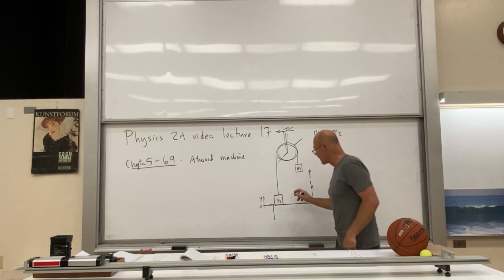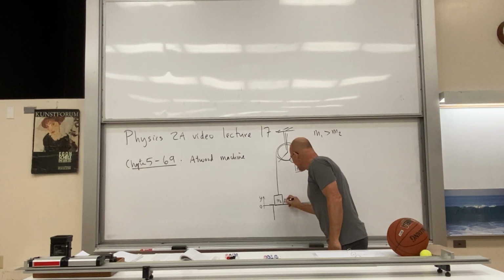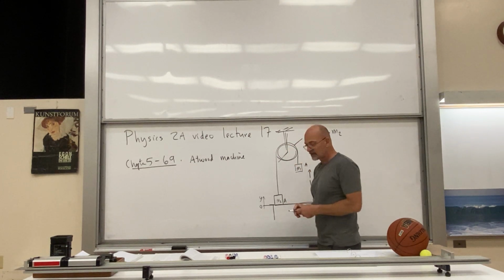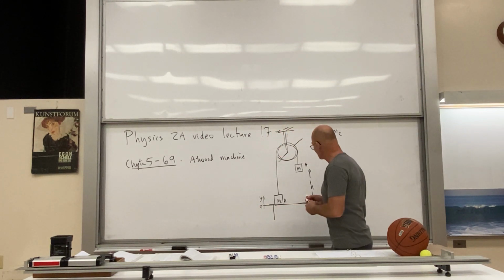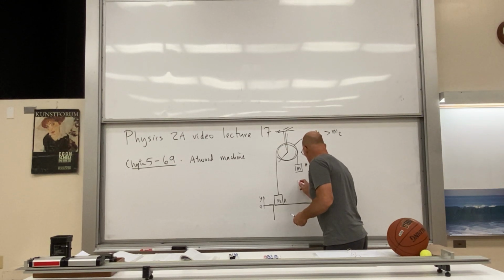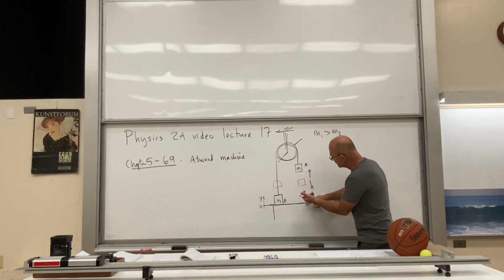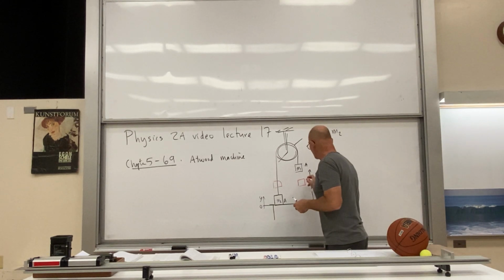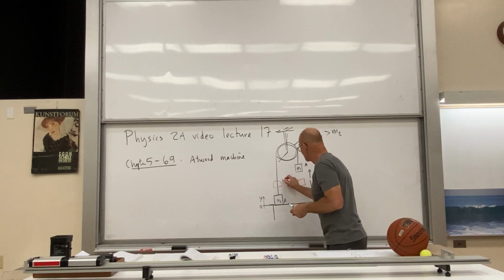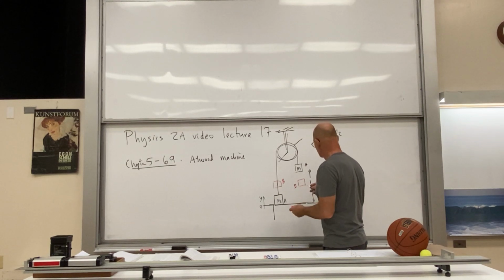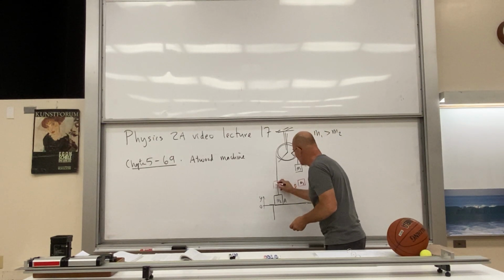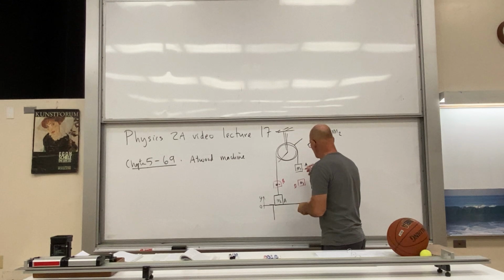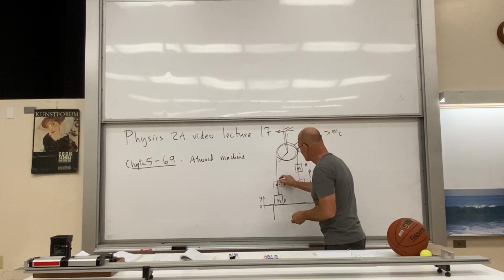I'm going to label this as A, and then when it falls down and they pass each other halfway, we'll call that B. And C is when this one hits the tabletop and this one goes up, but I'll leave that for you guys to deal with. So this is B, with M1 coming down and M2 going up.